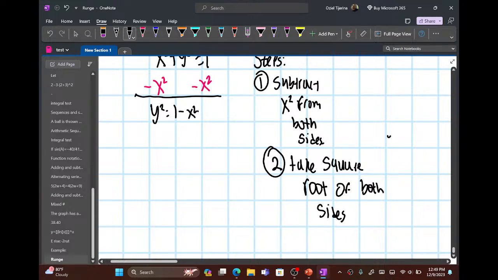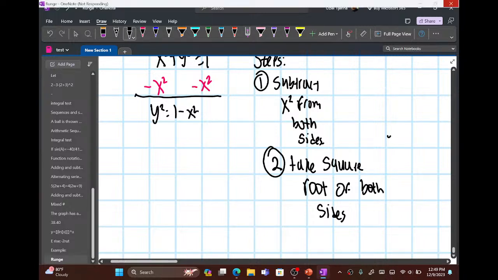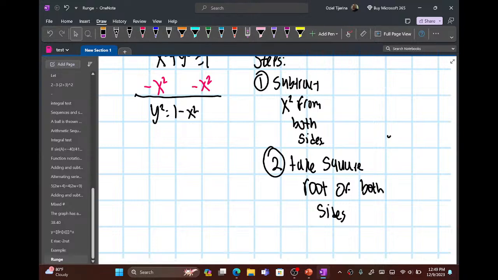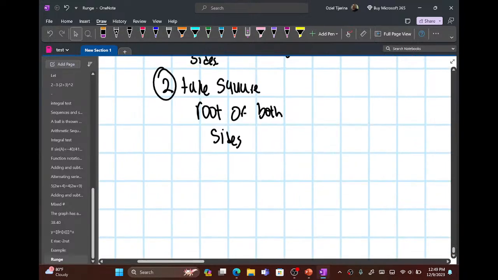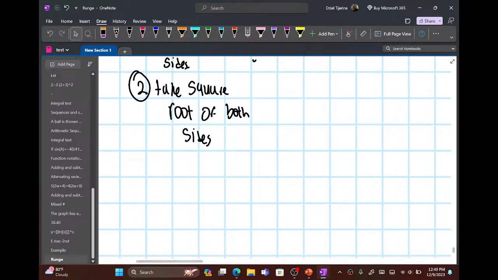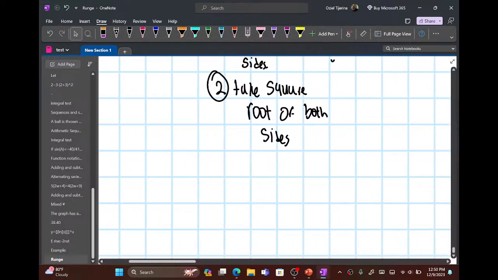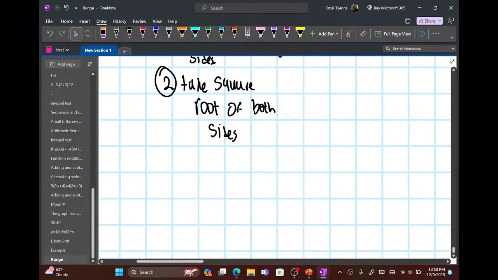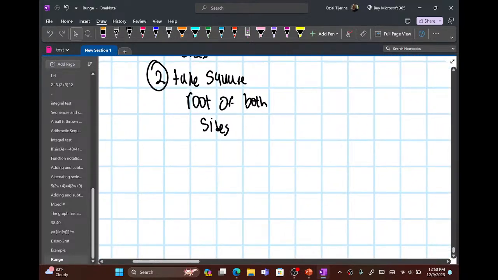Okay, this part, guys, I want to really emphasize because this is very important. When you take the square root of a y term, if it's like y squared or whatever, you want to do the positive and negative answer.